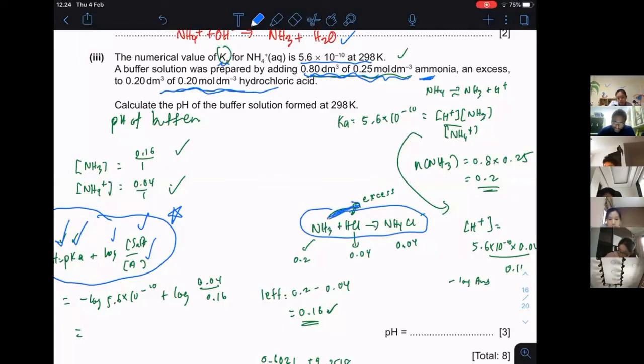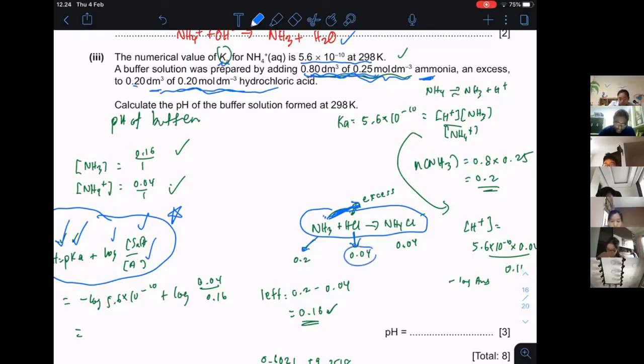So when I calculate 0.2 times 0.2, no need to divide by 1000, it is dm³ already, you are going to get 0.04 moles. And for ammonia, when I do the same, I am going to get 0.2 moles. We know that ammonia is in excess, so it means that the limiting reagent is HCl.